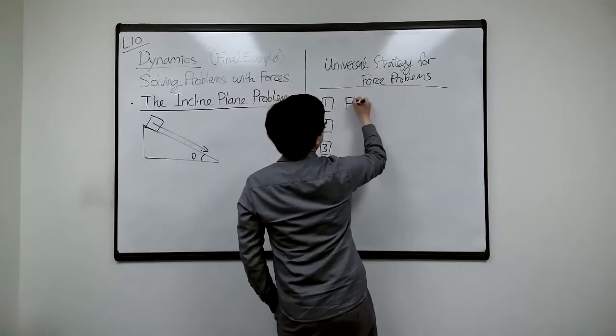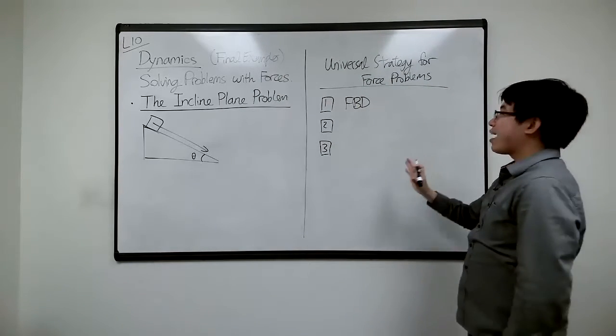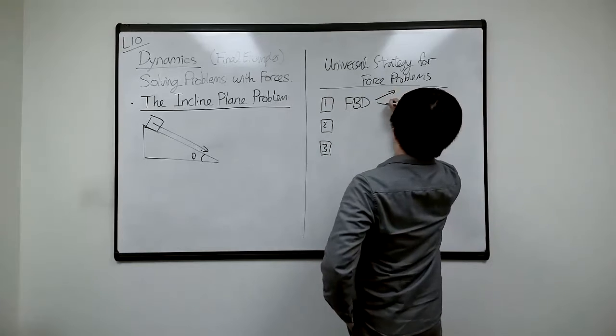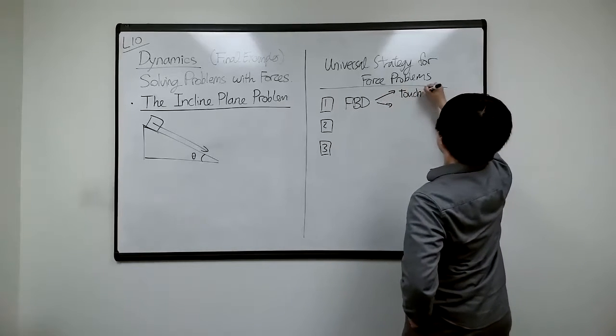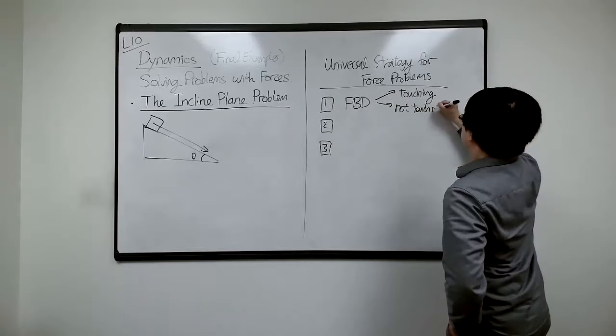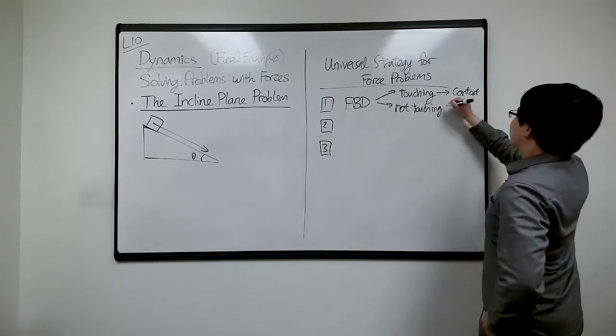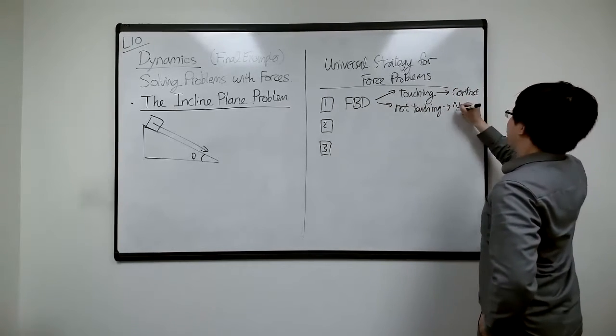Okay, first, draw a free body diagram, and you know very well now how to draw it. You ask 2 questions: what's touching it and what's not touching it. What's touching it will provide you with a contact force, and what's not touching it provides you with a non-contact force.